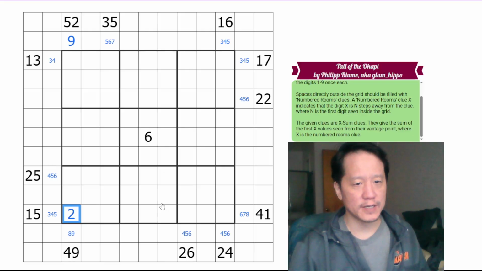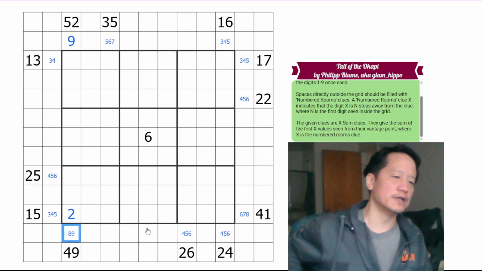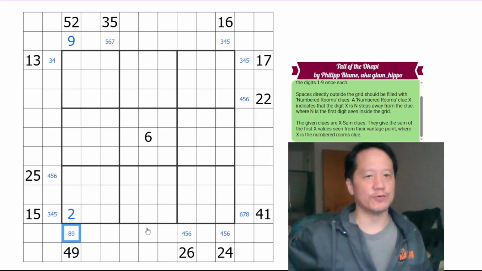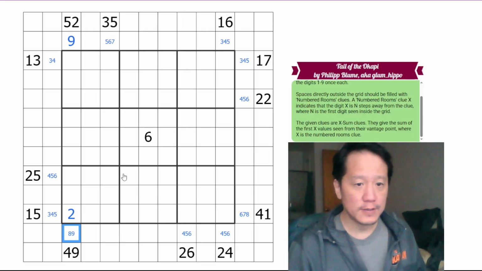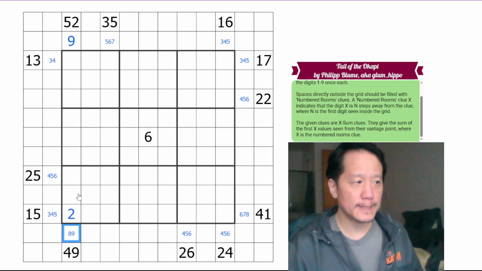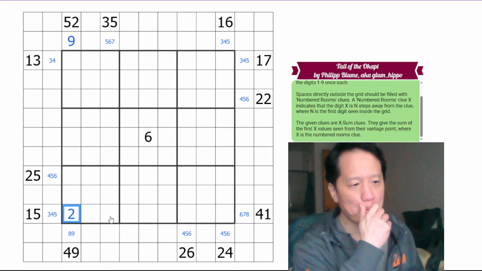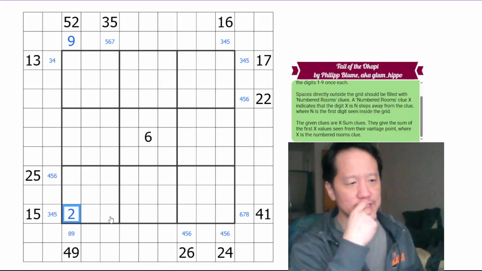So what does that mean? How do you add up to 49 with 8? Can you add up to 49 with 8? I don't know. That means you're guaranteed the 8. So 8 digits trying to add up to 49.